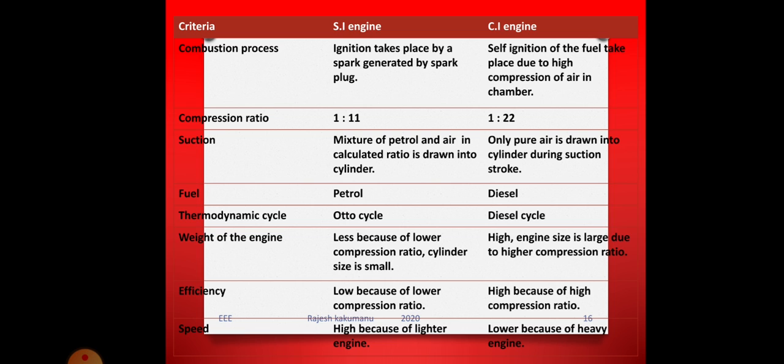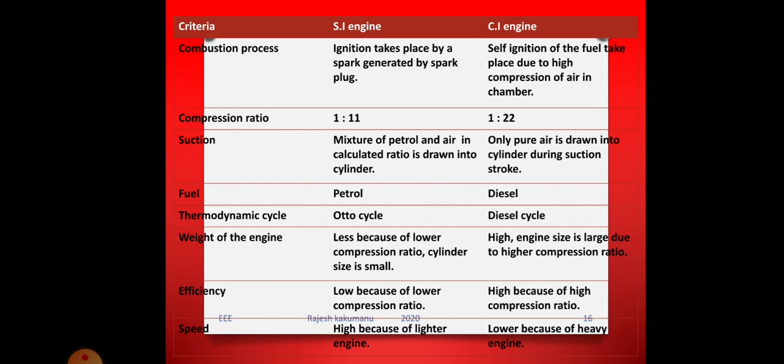Only air is entering through the inlet valve. Only pure air through the filter is entering into the cylinder during the suction stroke. Then what about the fuel? That is diesel. Diesel comes from the fuel injector in the form of spray. Thereby auto ignition takes place in the CI engines.